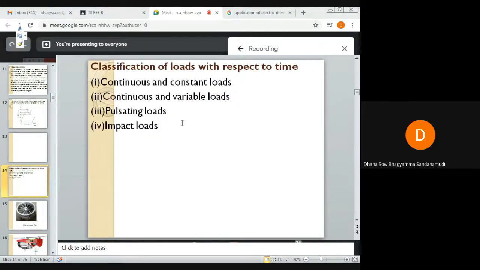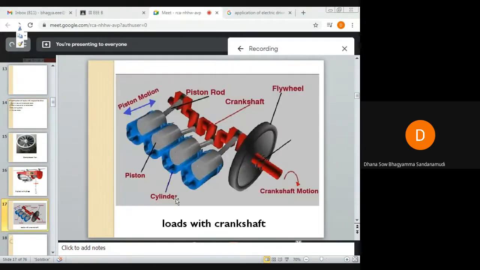Next is pulsating loads. These loads on the motor can be viewed as constant torque superimposed by pulsations. An example is a load with a crankshaft. This is the crankshaft.